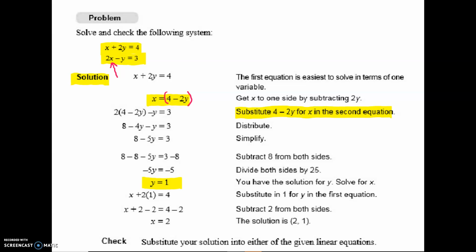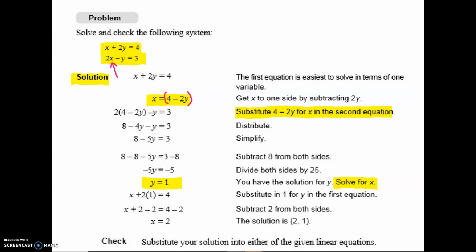Now, once we have a solution for y, we then have to solve for x, because as we know, a system, thinking about graphing, is where the graphs intersect. It's a point. It's an ordered pair. So we can't just have y, we also have to have x, so we have that ordered pair for the solution.